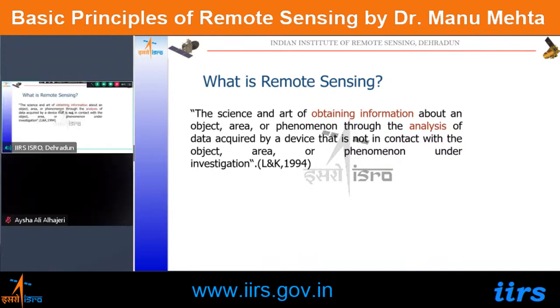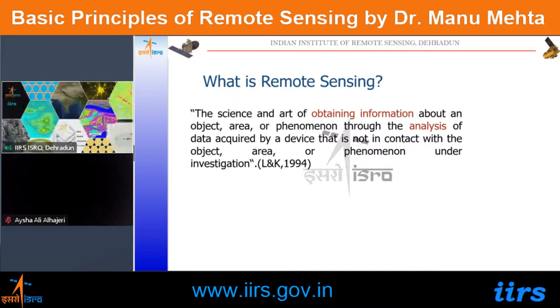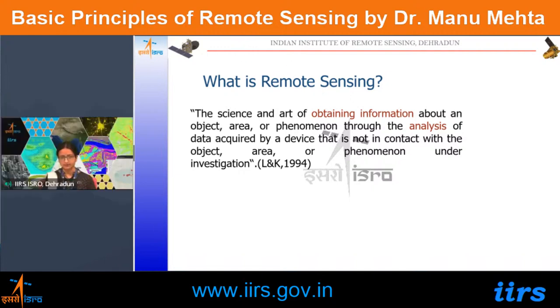Okay, so we are going to take information about an object, like, let's say the object of interest is a building, or I'm interested in an area, let's say, where there are multiple features in a field or a city. Phenomena, like something which is happening, rainfall or any kind of disaster. So if I want to get information about object, area, or phenomena without being in physical contact with the same, this is the form of remote sensing.